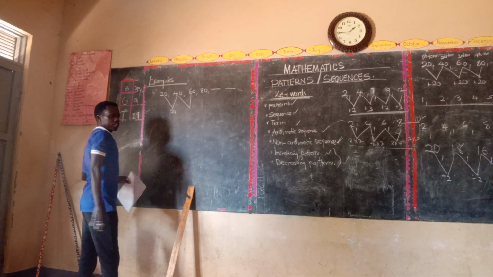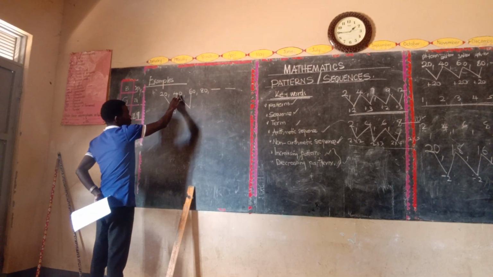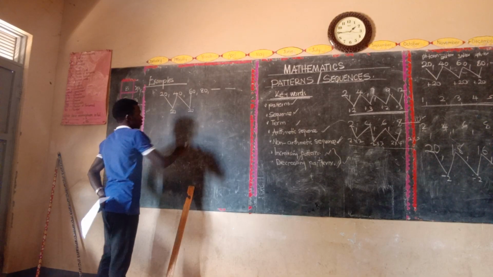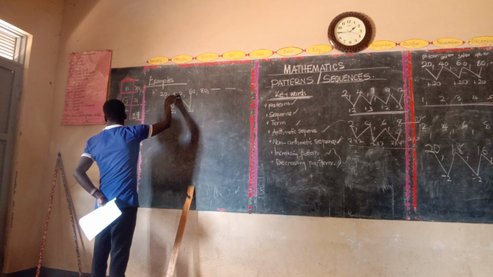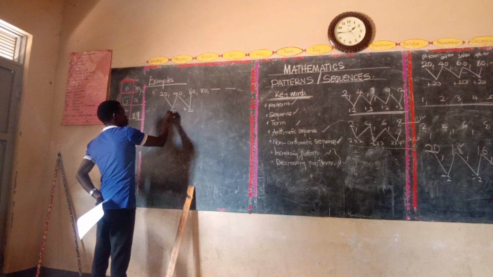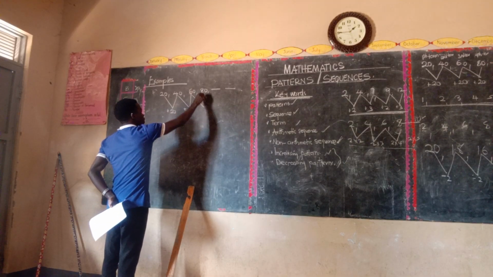Let's look at 40 and 60. Yes, 60 take away 40, you still get 20, meaning that you add 20 to 40 to get 60.